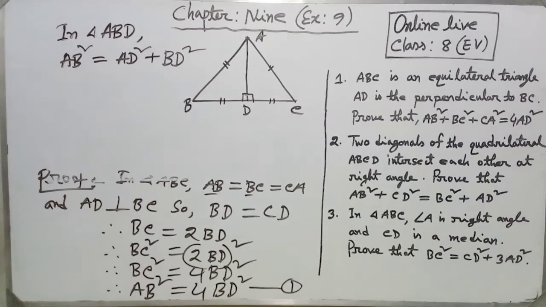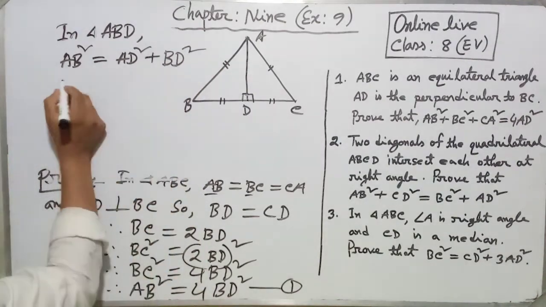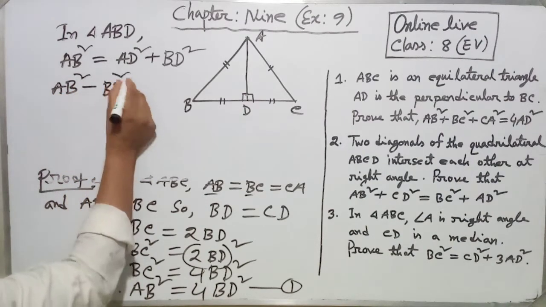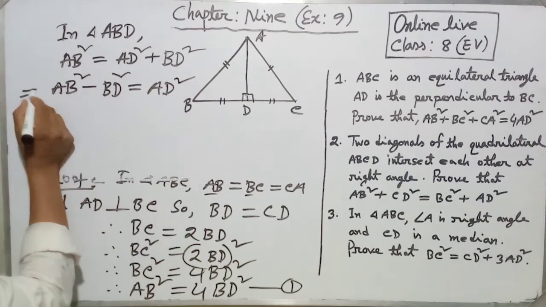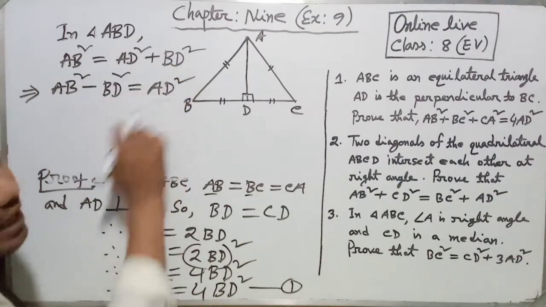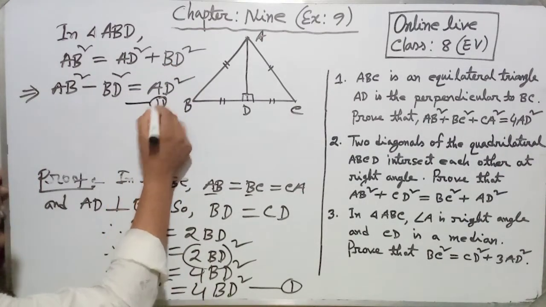We can write AB square equal AD square plus BD square. Now also we will be able to write AB square minus BD square equal AD square. Clear, dear students? Okay, now we can say this is our equation number 2.